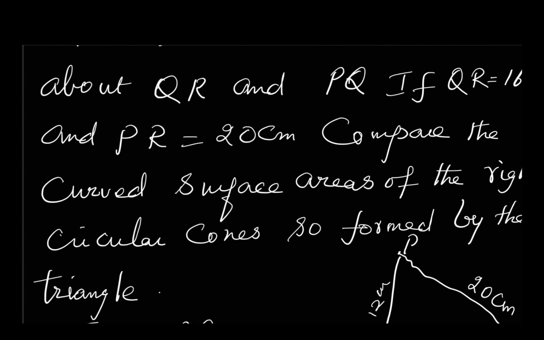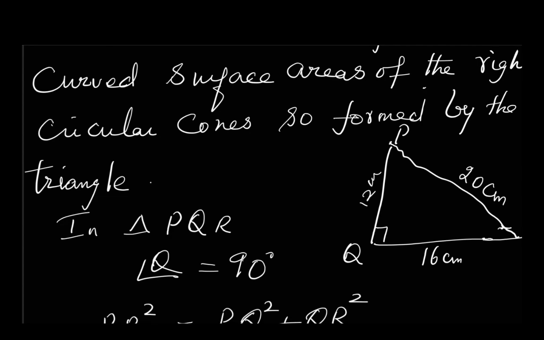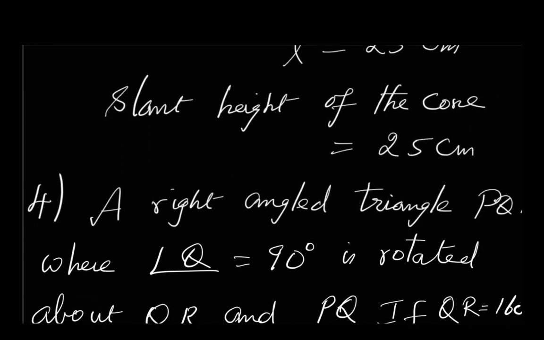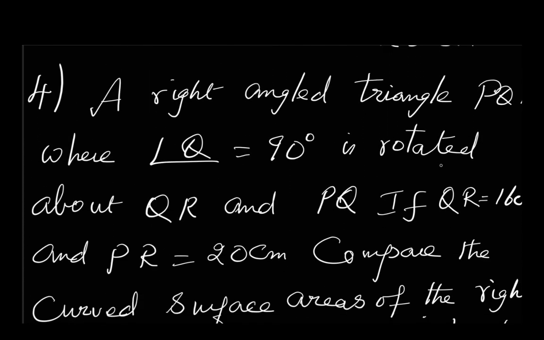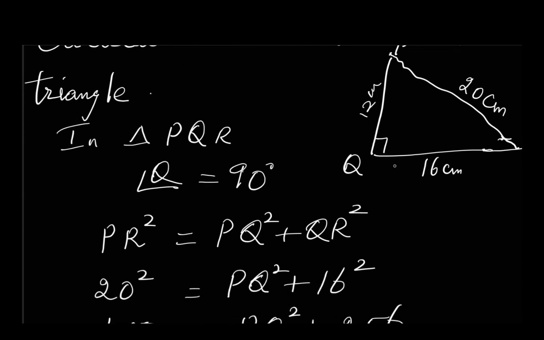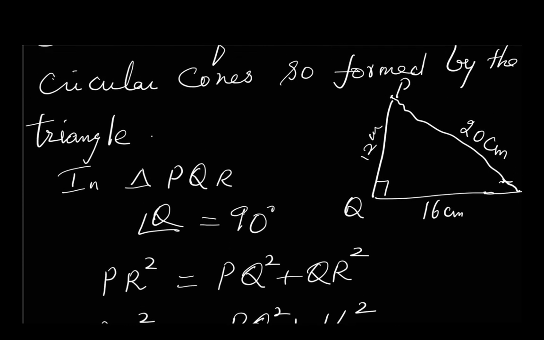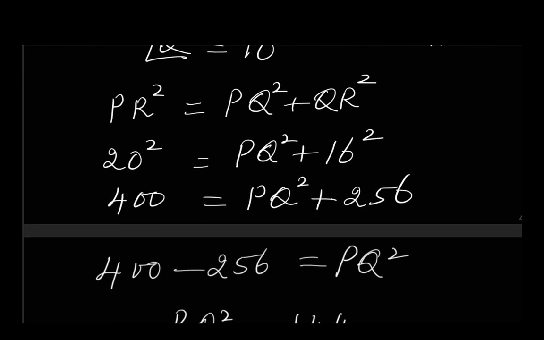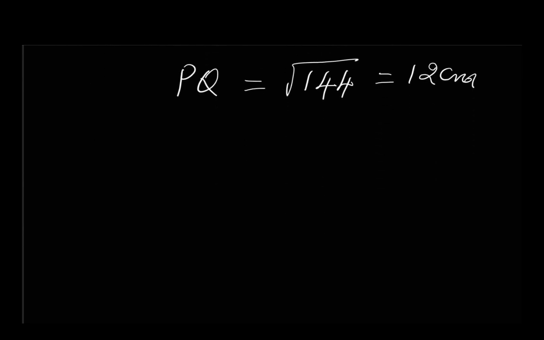Now look at the next line. Compare the curved surface areas of the right circular cones formed by the triangle. The rotation is given about QR and also about PQ, both the sides. Both the sides are adjacent sides of the right triangle. So let me take two cases.